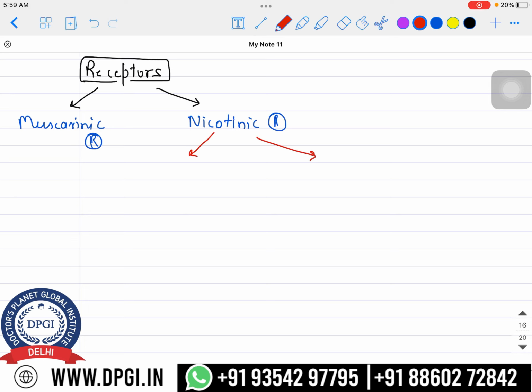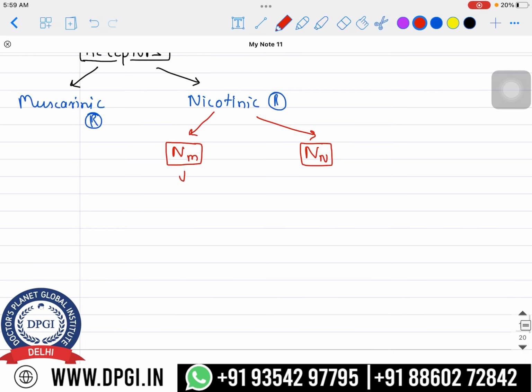One is present in the muscle, that is the neuromuscular, and another one is the neuronal. I'm denoting it like that: M for muscarinic, N for nicotinic, and N for neuronal. Obviously the neuromuscular receptor will be present in the neuromuscular junction.